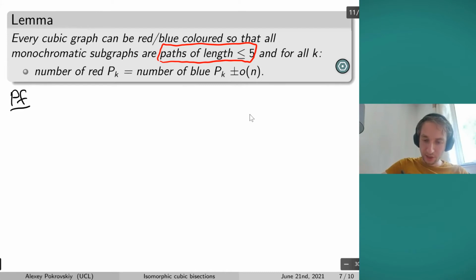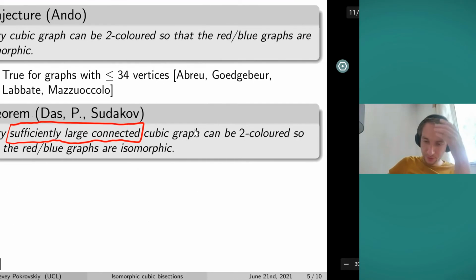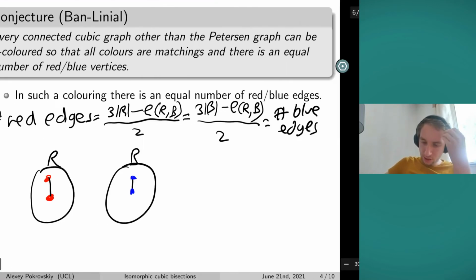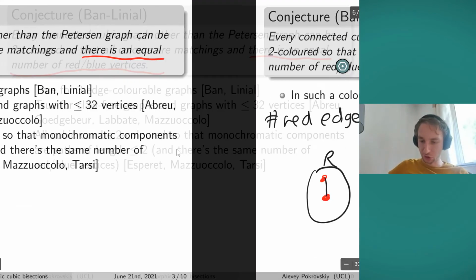The proof of this is based on a theorem of Thomason, which I mentioned on the first slide. So recall that Thomason proved, what did he prove? If we go back to the first slide, you can color the edges of every cubic graph so that the monochromatic graphs are paths of length at most 5. This is something we use here.